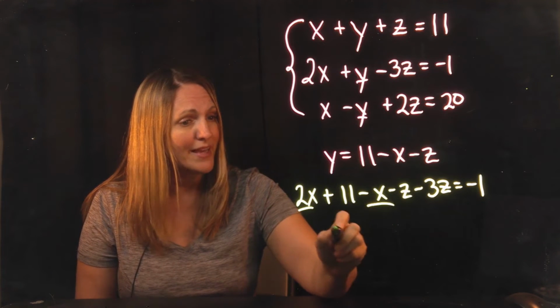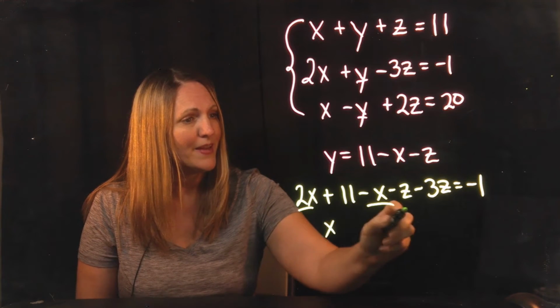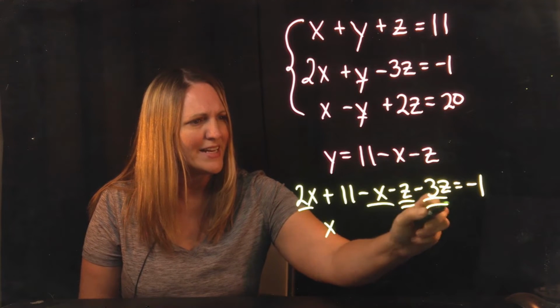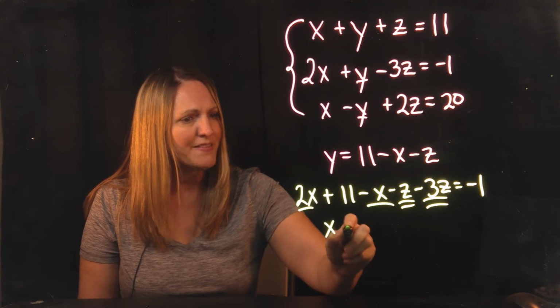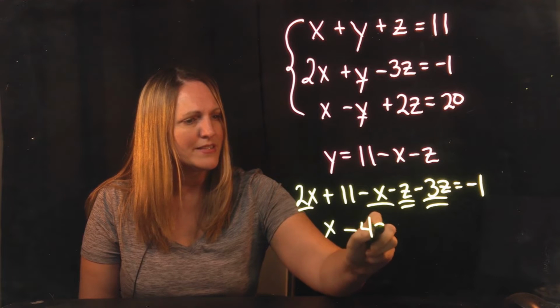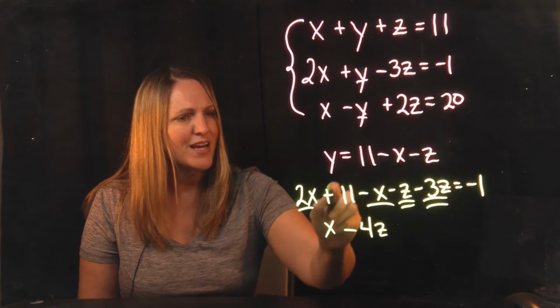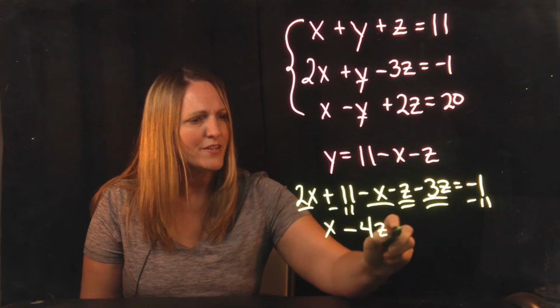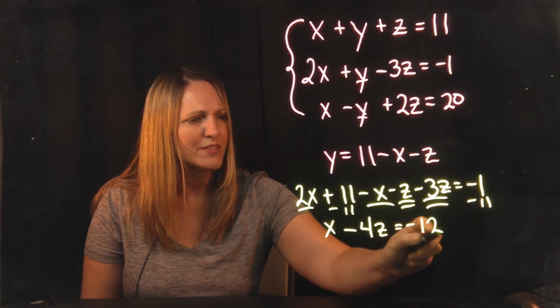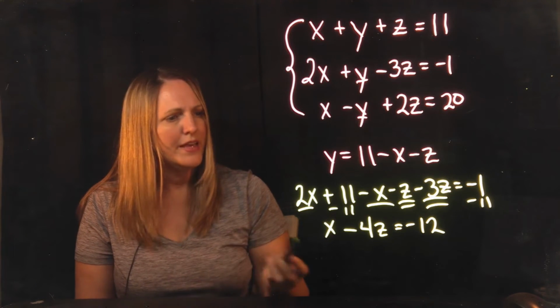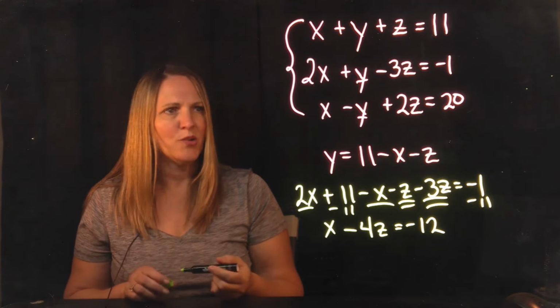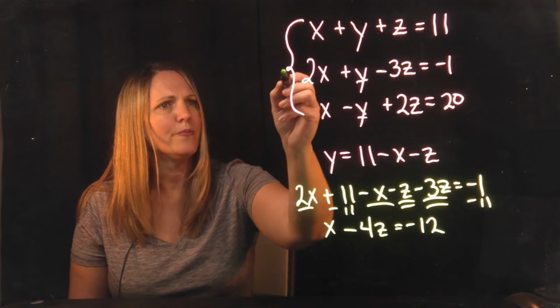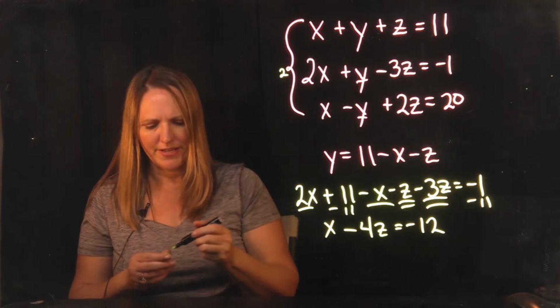So I combine my x's. I have x, and then I have -z and a -3z. So that gives me a -4z. And I have this constant 11. I'm just going to move that to the other side to be with the other constants. So I have equals -12. So that's where I'm at on equation number 2.